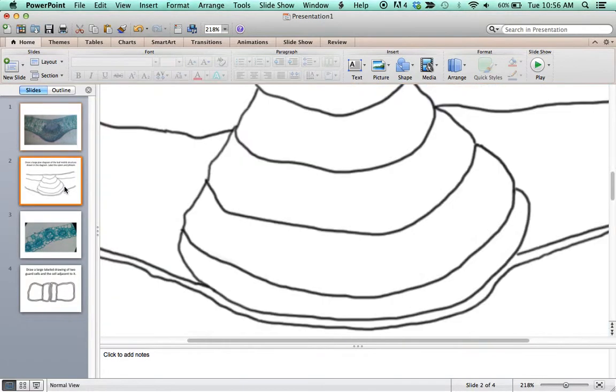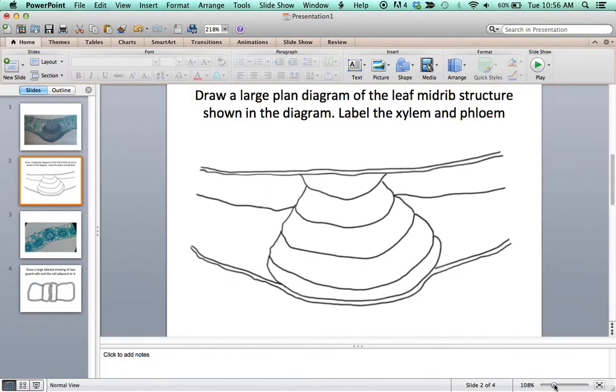So finally, in your drawing, what are the tissues or the layers that you should involve? First is the upper epidermis, and then the palisade mesophyll layer, the spongy mesophyll layer, the lower epidermis, and in the middle part, our sclerenchyma layer, our xylem, phloem, our parenchyma cells, and this is our collenchyma layer.